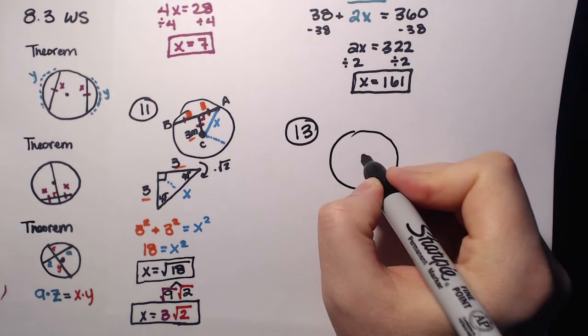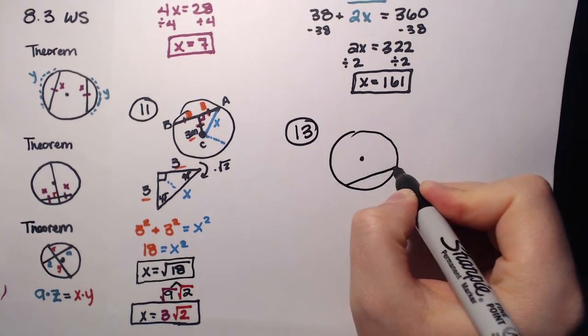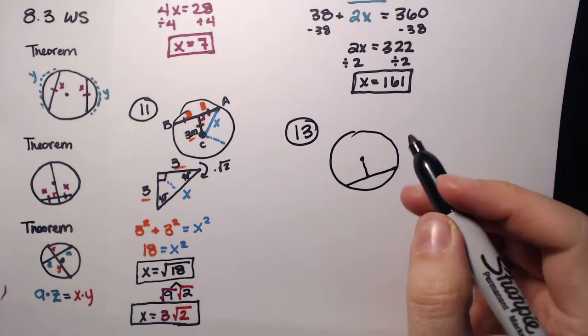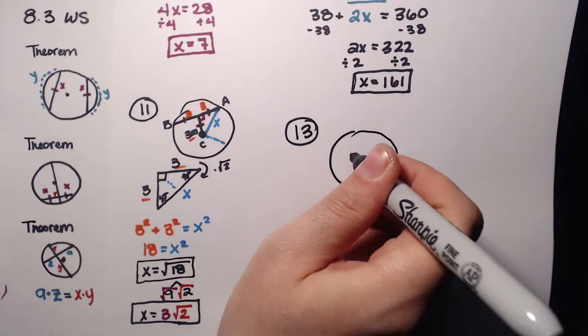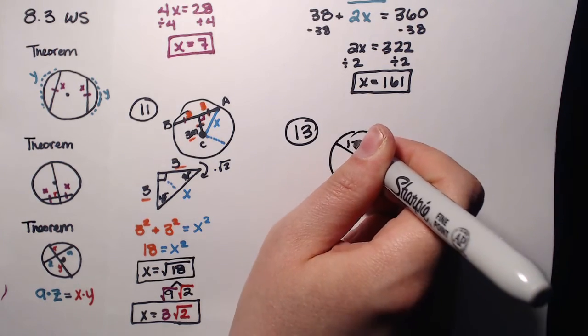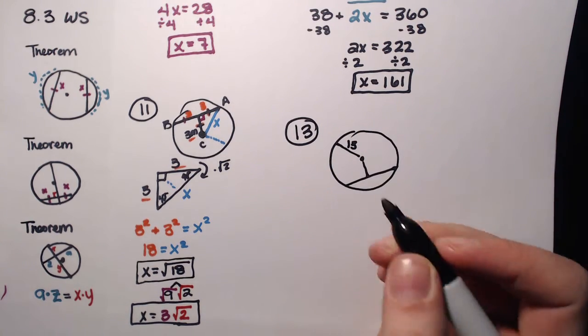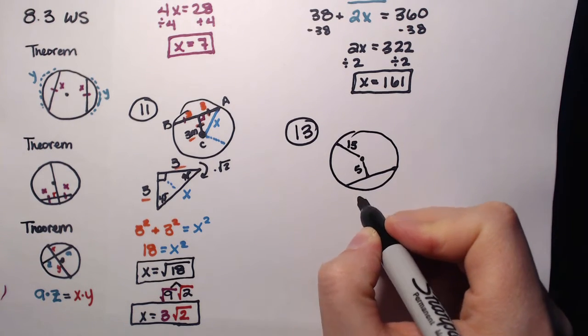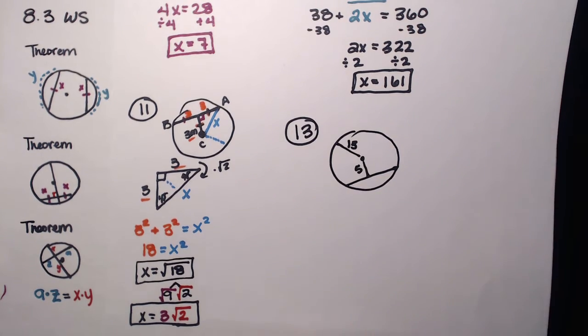So it looks like we have the center of the circle, we have a chord, and then we have something going to that piece, and it also has the radius is 13, this piece is 5, and it wants this entire length, which is x.